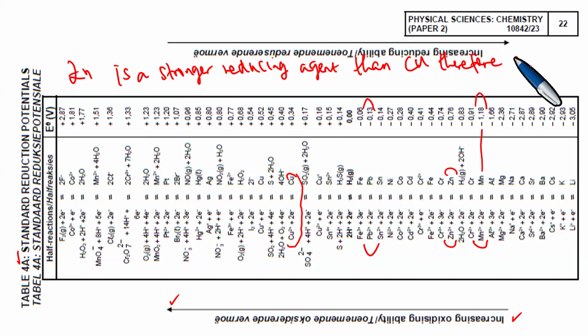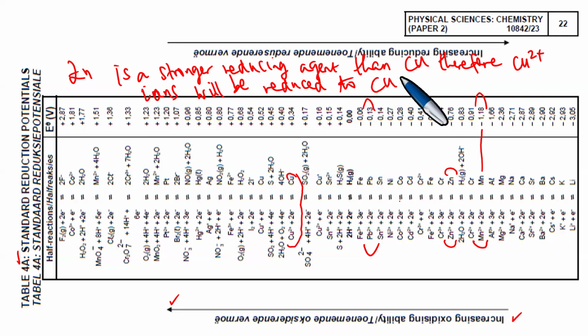Therefore, copper 2+ ions will be reduced to copper.